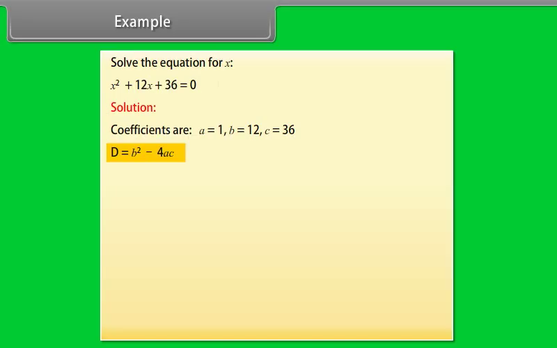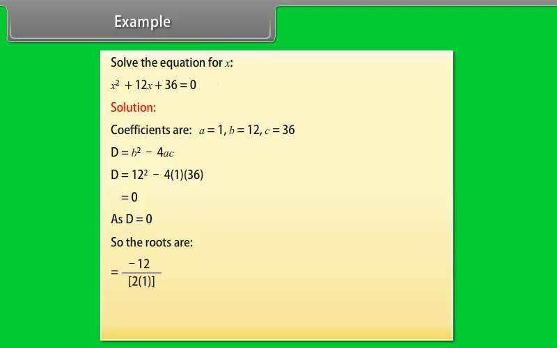D = b² − 4ac = 12² − 4 × 1 × 36 = 0. As D = 0, the root is x = −12/(2 × 1). Now solving, we get x = −6.